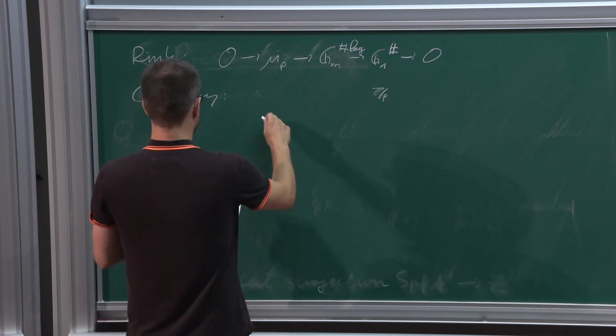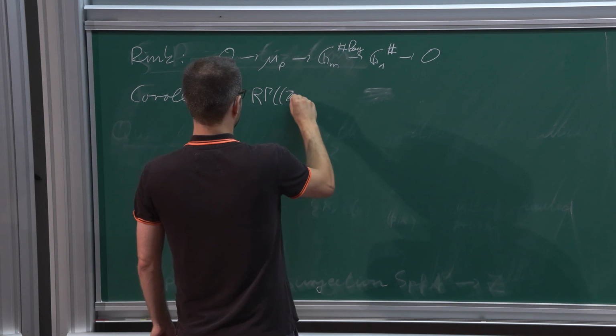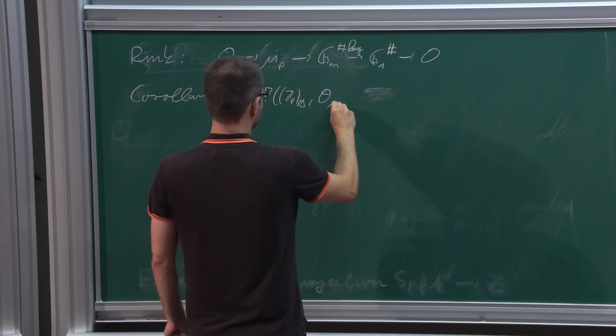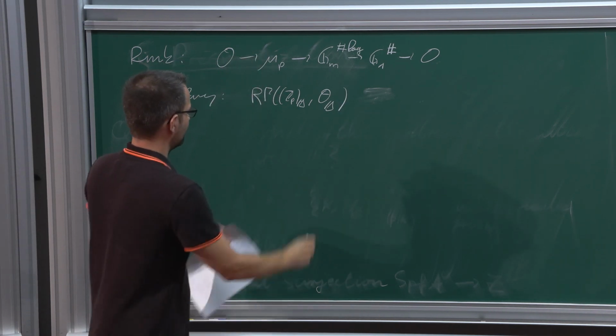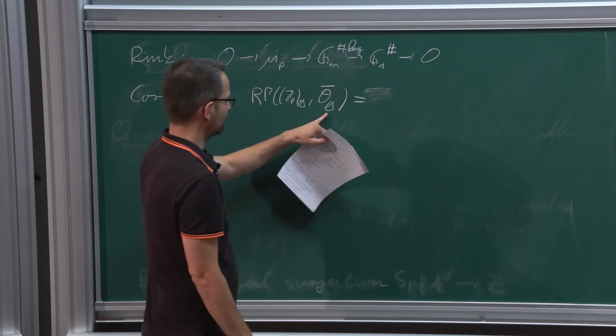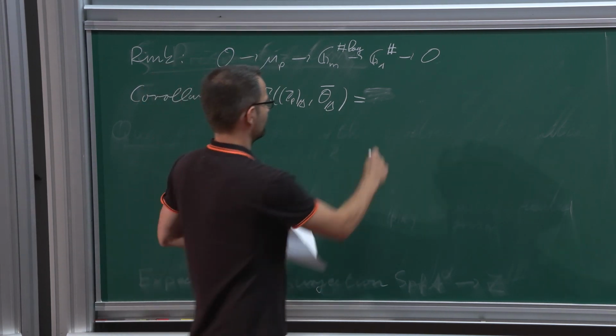As a corollary, we can now calculate the reduced prismatic cohomology of Z_p. How can we do this?